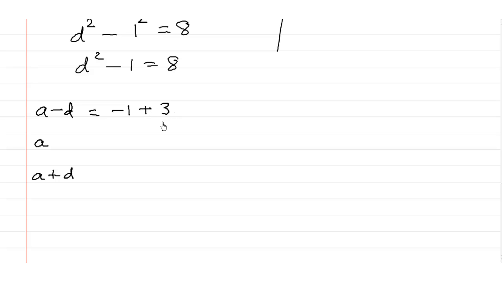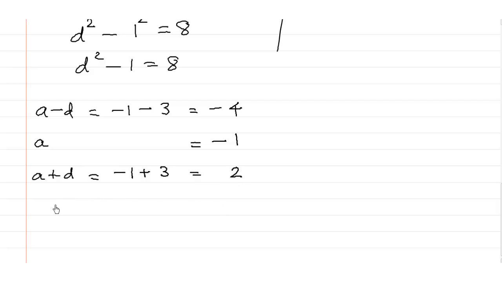The second value of d is minus 3. So what is minus 1 minus 3? It's minus 4. Then we have a, we can directly write minus 1. And then we have a plus d, so we can write minus 1 plus 3, which is equal to 2.